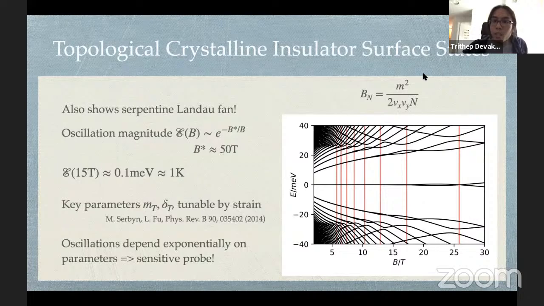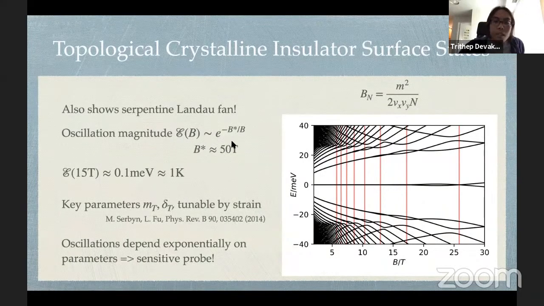And you see that they're always there. So in our earlier model, we had this parameter V, and if V went beyond a critical value, these oscillations actually disappeared. But in this model, the magic fields are always there. You always have these oscillations. Now the magnitude might be exponentially small if you're in the wrong parameter regime, but they're always there in principle.